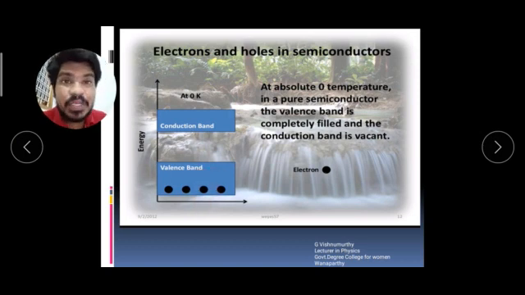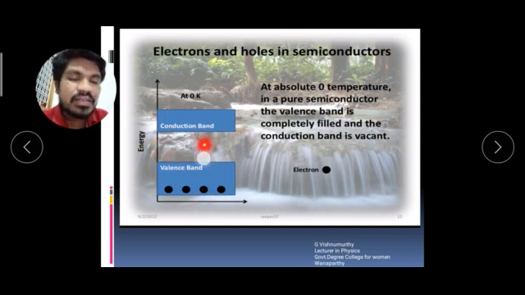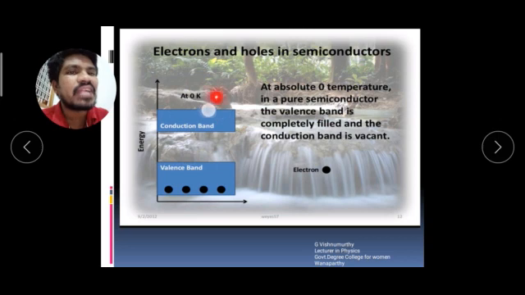Where will it go? That electron will reach the conduction band because it absorbed the external energy. That energy is used to cross the energy gap. When the valency electron crosses the forbidden energy gap, it will reach the conduction band.